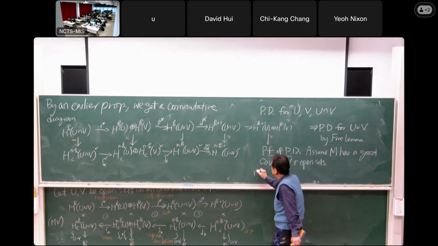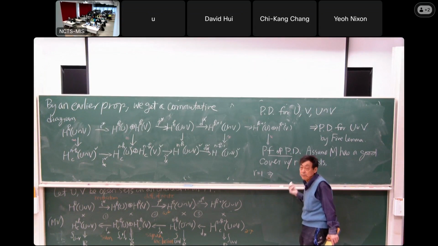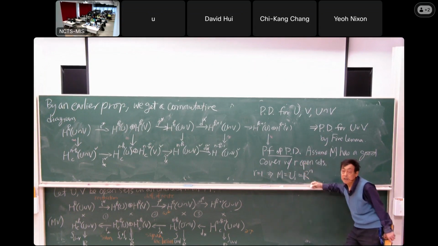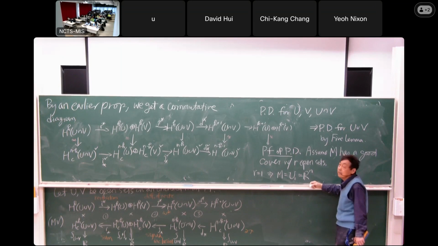So when R is 1, that's when you have just one open set. So M is just U1, and that's diffeomorphic to R^n. And it's easy to check that Poincare duality holds for R^n, because you know what the cohomology groups are.